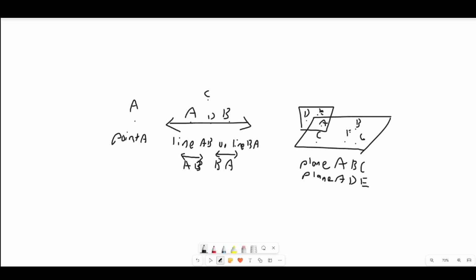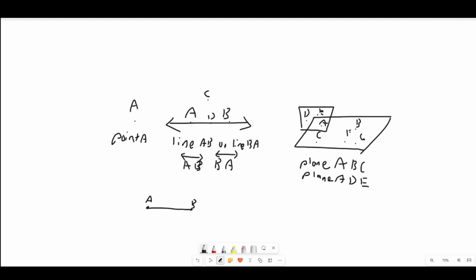Next, I want to talk about line segments and rays. So a line segment is kind of like a line, but there is an endpoint. If we recall, a line has the arrowheads, so it goes on forever.